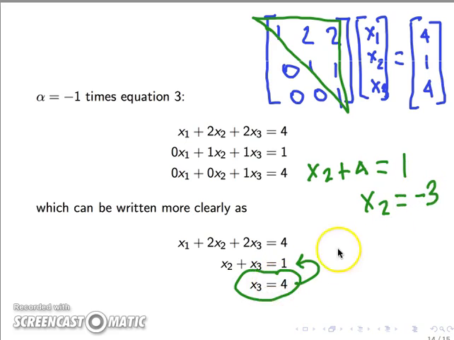So now we have a value for x3, a value for x2, and both of these values can, and will, be used in equation 1. So we can substitute x2 and we can substitute x3 and then find a value for x1.